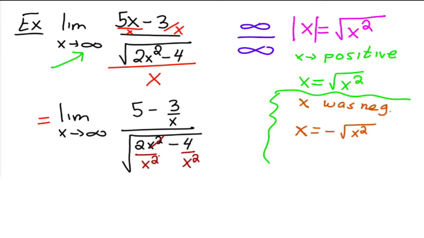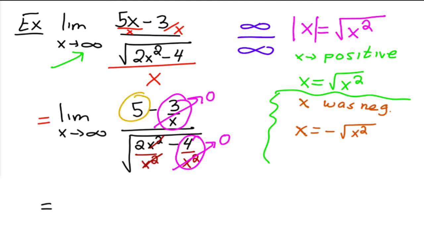So then these guys cancel, and this guy right here and this guy right here are both going towards 0. So what's left over is simply 5 over the square root of 2. So 5 over the square root of 2.